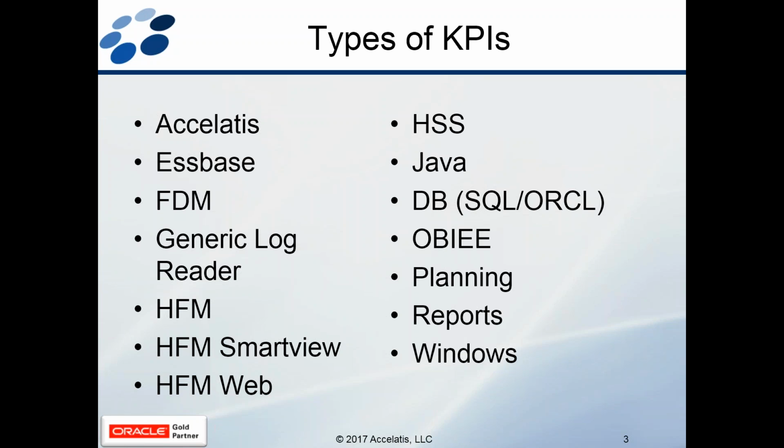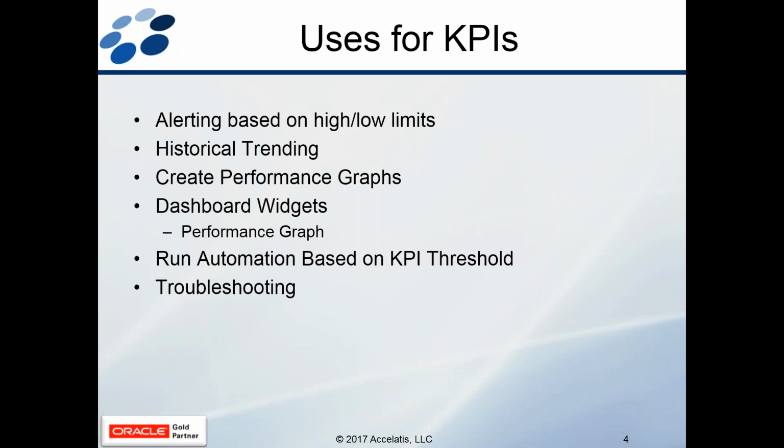So we have Accelatis KPIs, which are fairly specific to Accelatis tracking. We have Essbase, FDM, generic log reader, HFM, shared services, Java KPIs, database KPIs, and again, depending on what KPI it is, there are a number of things that we can expose with those KPIs. So again, if you go into your system as we do this and you take a look, you can see what you have available for your KPIs.